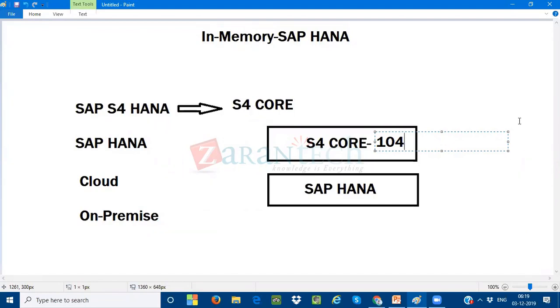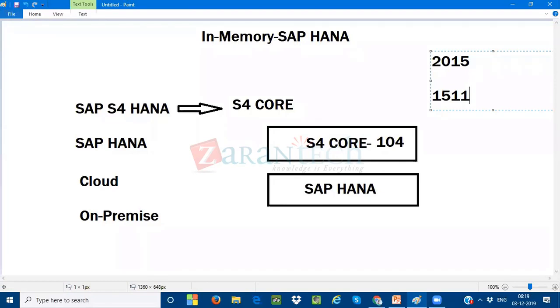Going back to 2015, when SAP S4 HANA was introduced for both on-premise and the cloud, we came out with the release of 1511. 1511 is the first SAP S4 HANA release in the market, comprising both on-premise and the cloud.